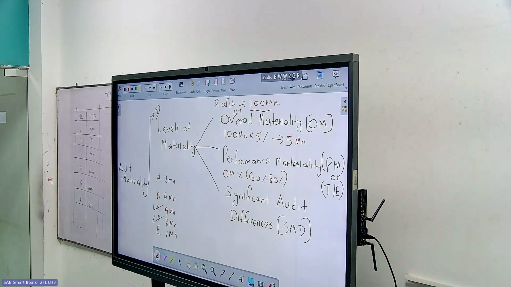individually or in aggregate, then you can't check only items above 5 million, because you are doing a sample-based audit. You have 100 records in the financial statements, and you will not check all 100. You will check only material accounts, and in those material accounts also, you will check sample-based. Let's say property, plant, and equipment is the material account. During the year, 50 additions are there. You are not going to verify all 50 additions.